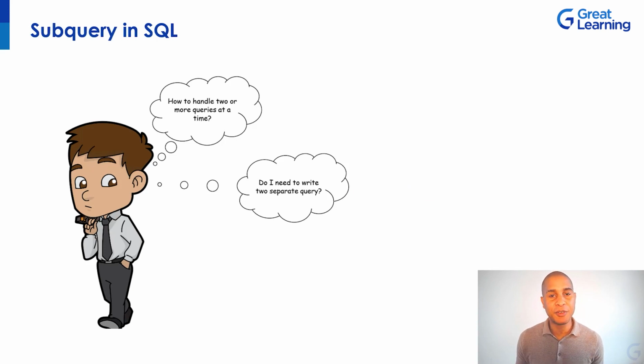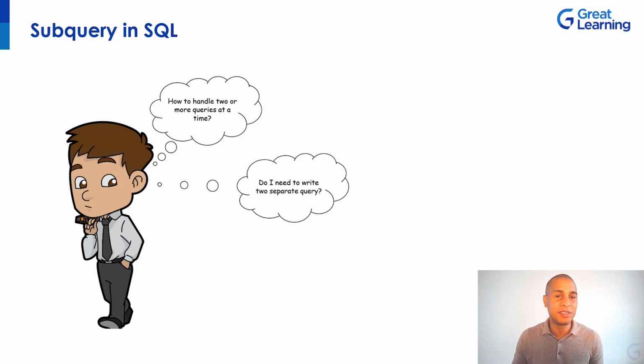Here's a graphic that asks how to handle 2 or more queries at a time. Do I need to write 2 separate queries? You might want to bring back 2 separate sets of data, which may only require you to write 2 queries, but those 2 sets of data may be affiliated and may need to be intertwined or have some connection.